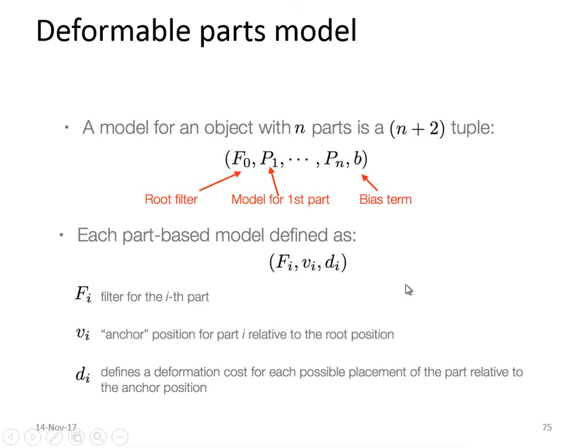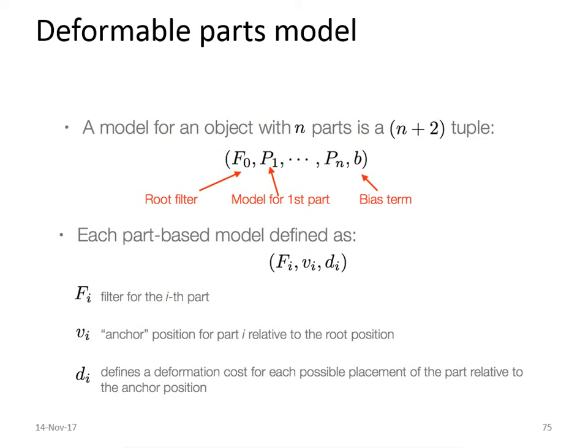The model is therefore composed of the root filter and individual parts. Each part is composed of its own part filter, and then you have an anchor position, which is where you expect, by default, the position of your arm or your legs if you are detecting a person.